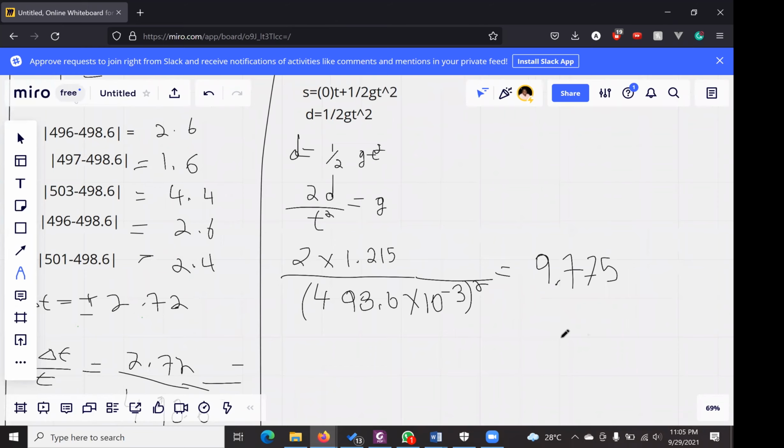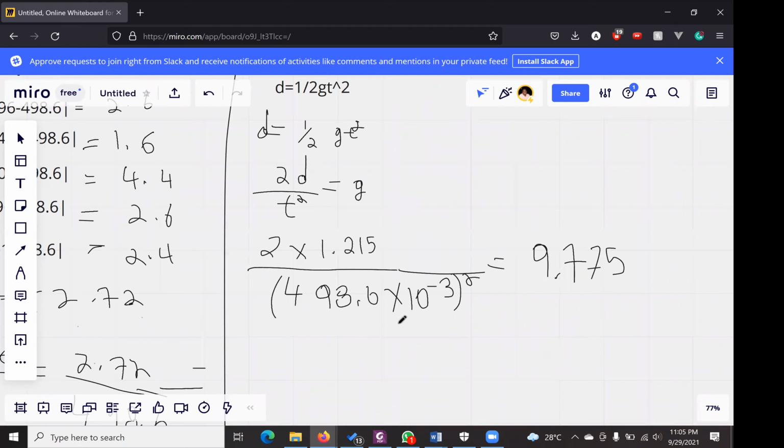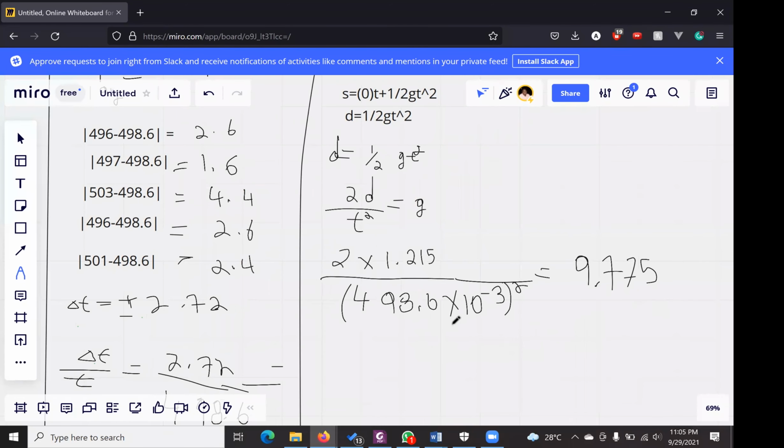Tell me if I lost anybody. Are we following? All right. The absolute error in g gets tricky.